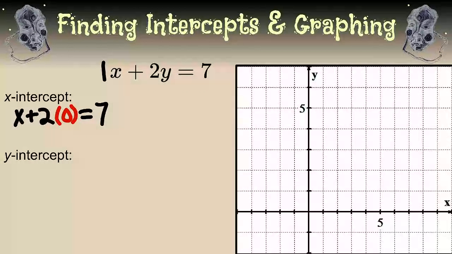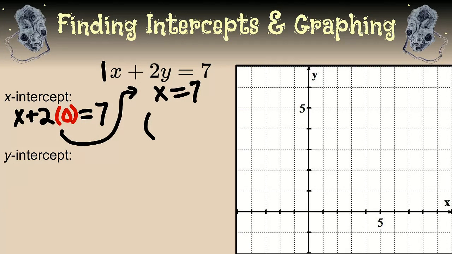And then we solve for x. Well, that is x equals 7. Oh, it's already solved. Wow, how lucky. So that is the point 7, 0.